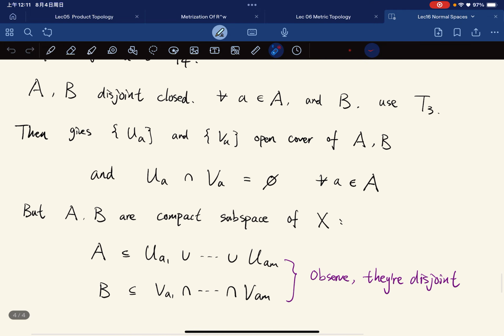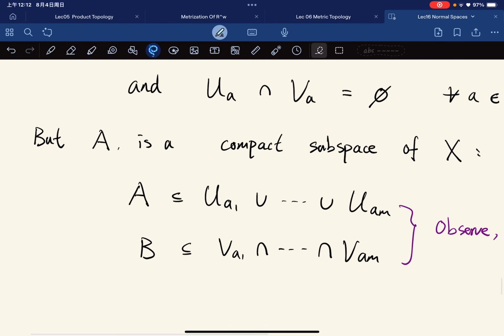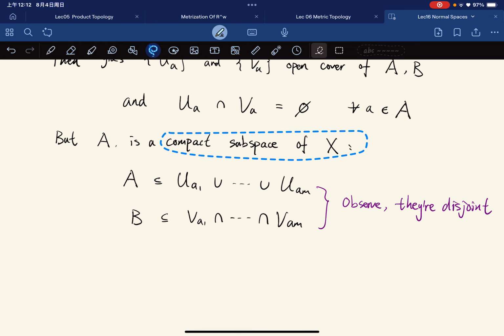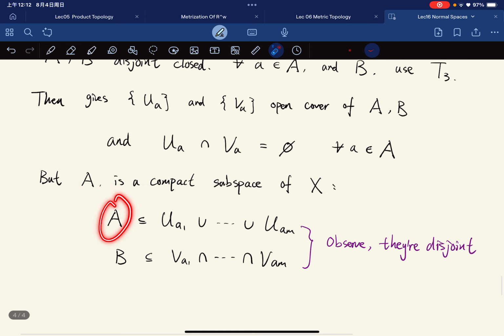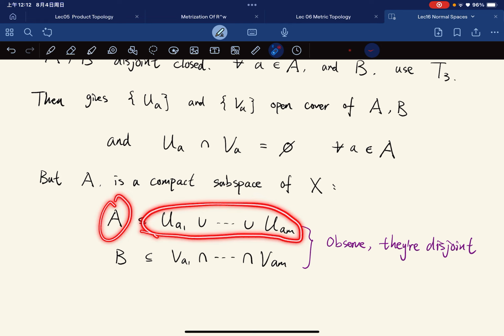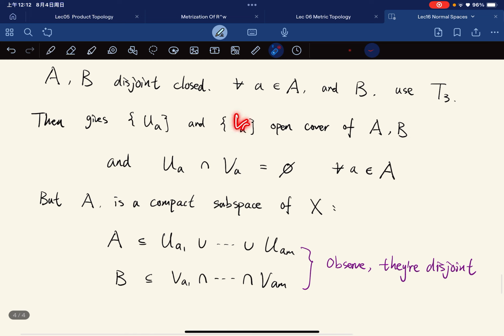We need the fact that A is a compact subspace of X to show that A can be contained in a finite union U_{a1} to U_{am}. And for B, since all the V_a contain B, so does their finite intersection, matching the a1 through am.